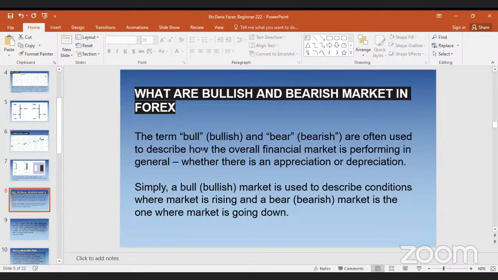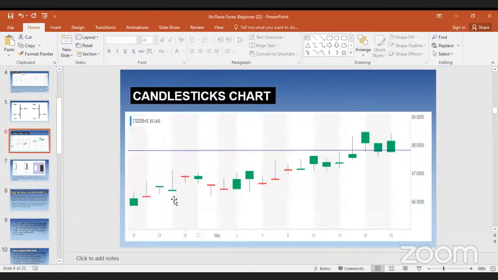Like I've said in this slide, every candle here means something. Look at this, from here up until here. What is it telling us? It's telling us this market is going up. And look from here to here. As you can see, this is higher and this is lower. So from here to this point, it's telling us this market is coming down until it changed direction here.